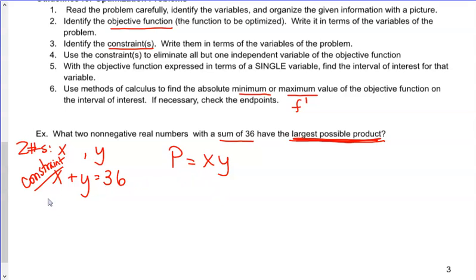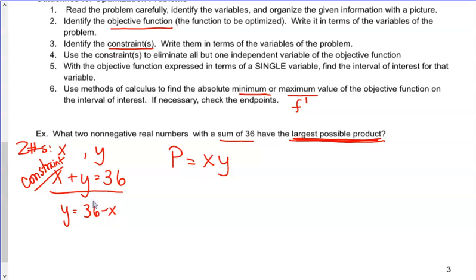We want to take our constraint and solve that for one variable or the other. Doesn't matter. Normally we like to go in terms of x, and then we're going to sub that back in. So if I ask you what is the equation here in terms of x, that would mean I have to solve it for y. I would have to subtract the x over, and I get y is equal to 36 minus x.